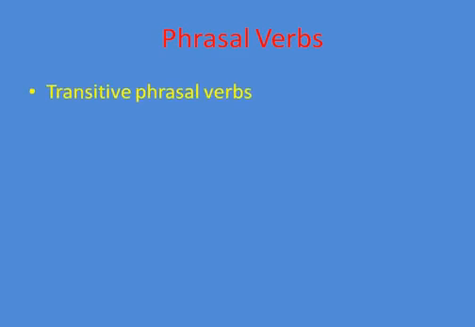Now let's try to understand what these types are in detail, along with some examples. Transitive phrasal verbs. Here, transitive phrasal verbs are those which require an object. We know that a sentence consists of three main parts: one, the subject, two, the verb, and three, the object.